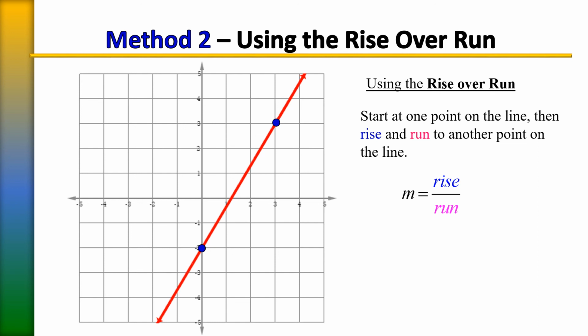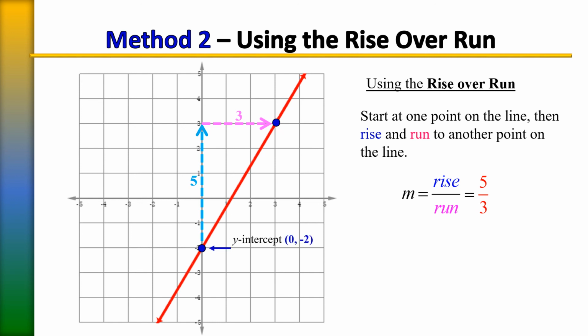I'm going to take one of the points and move from there to the other point. I'm going to rise up 5 and run 3 to the other point. There I'm on the line. That was a rise of 5, a run of 3. So there's my slope, 5/3.